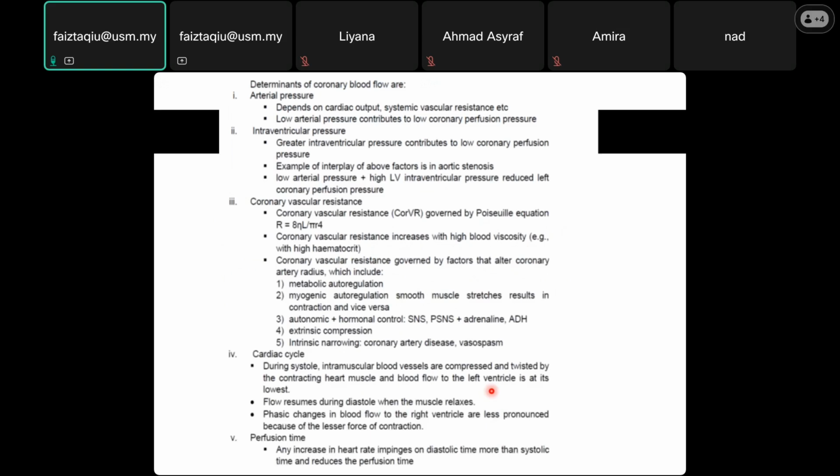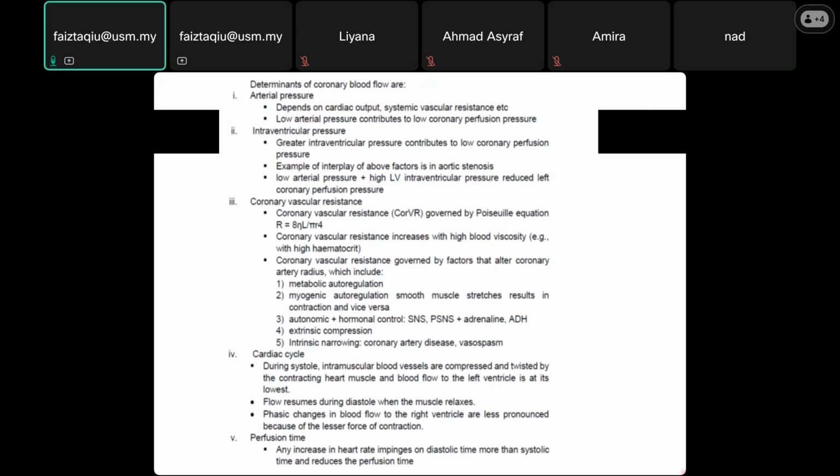Second, intraventricular pressure. They derive this from the equation of coronary perfusion pressure. Greater intraventricular pressure contributes to low coronary perfusion pressure. The arterial pressure here is the aortic pressure.